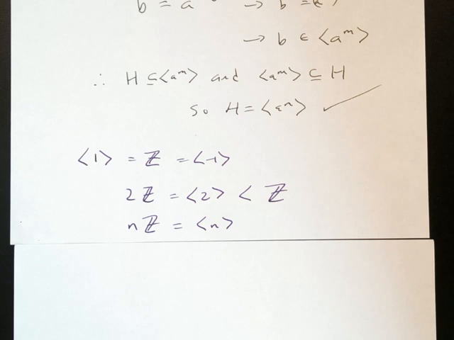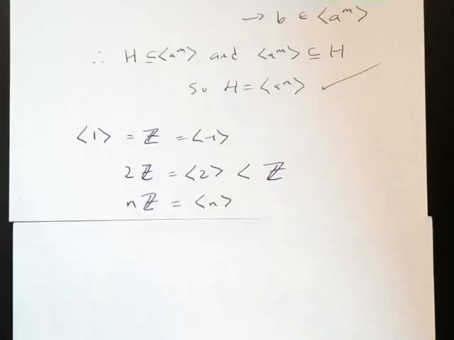What if my group's not infinite? Or what if I want to find the generator and I know something else about the structure of the group? Let's consider a subgroup of the integers.